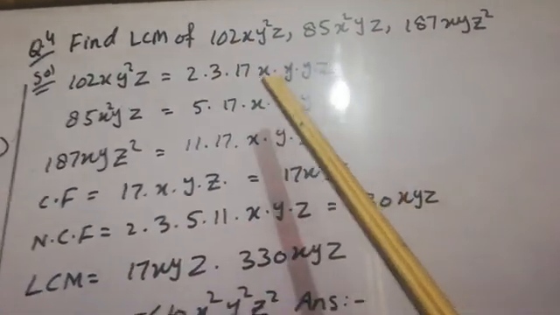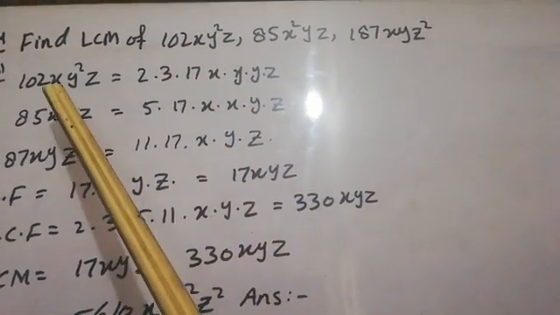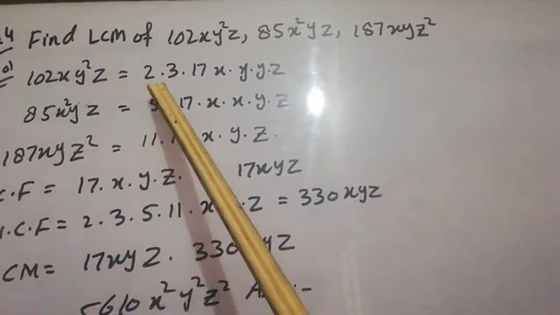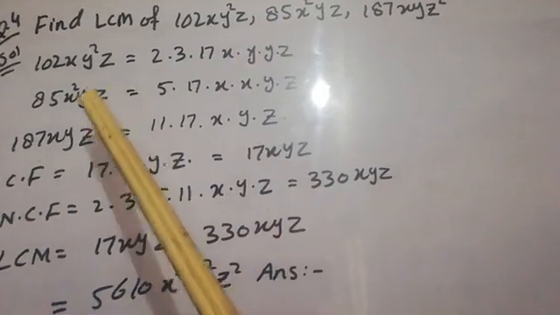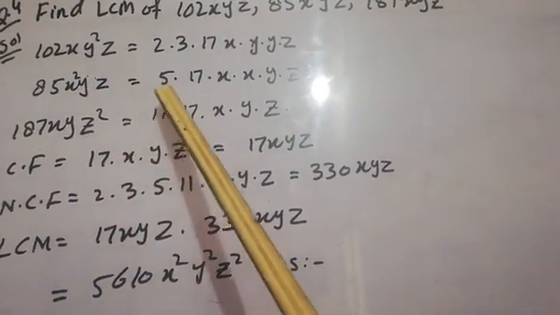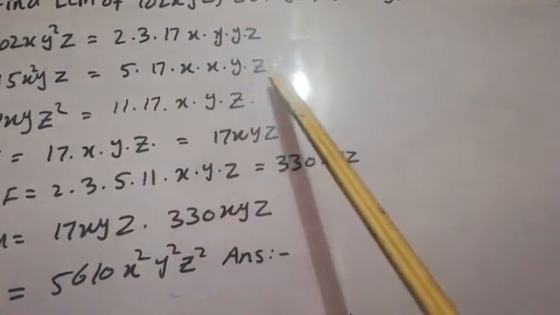First of all, we will take the factors of 102x y square z, which are 2 into 3 into 17 x into y y z. 85x square yz is 5 into 17 x x y z.